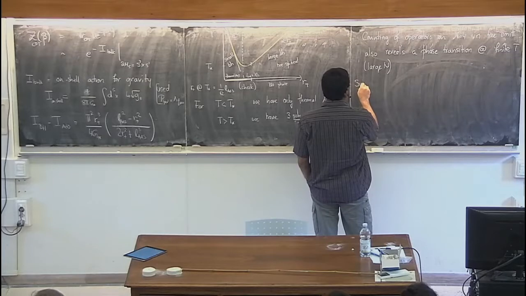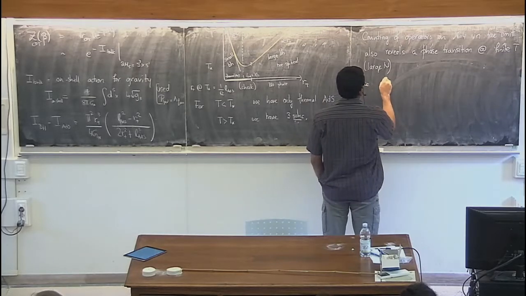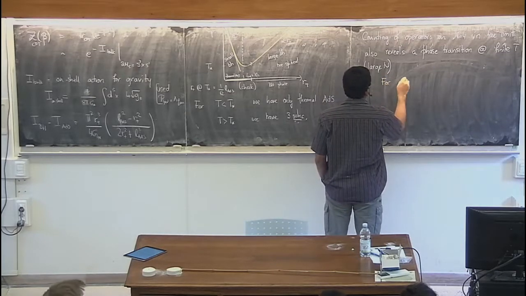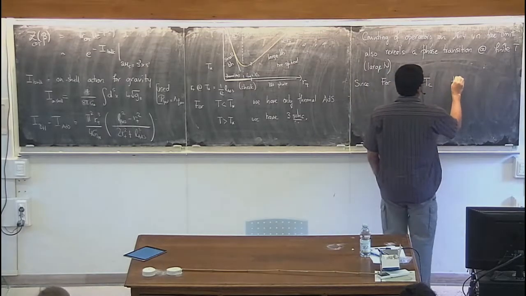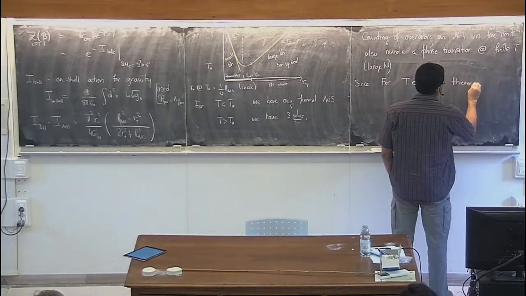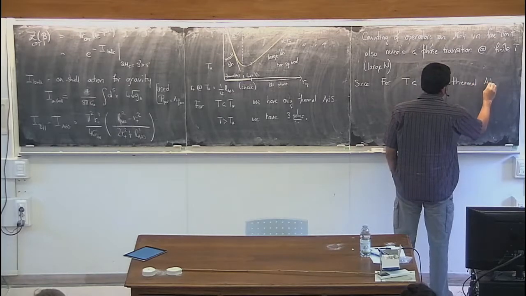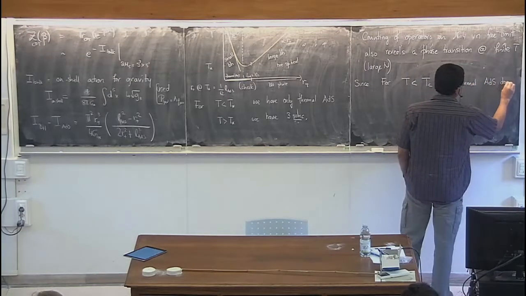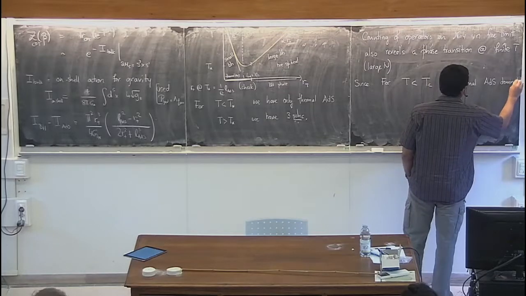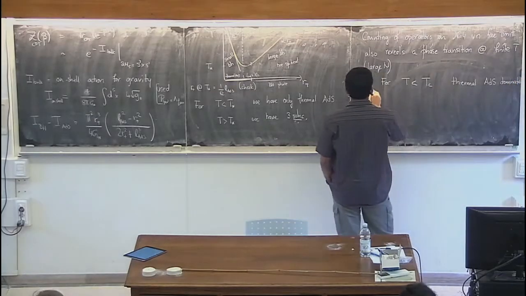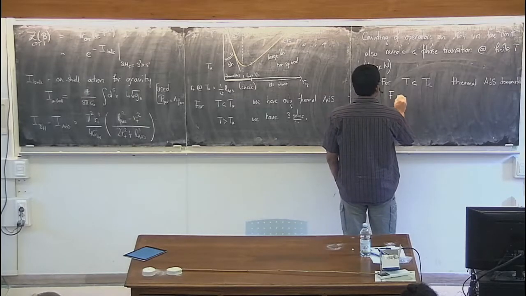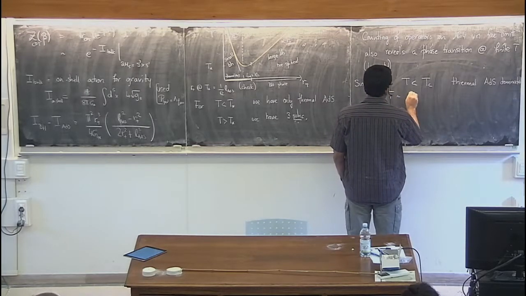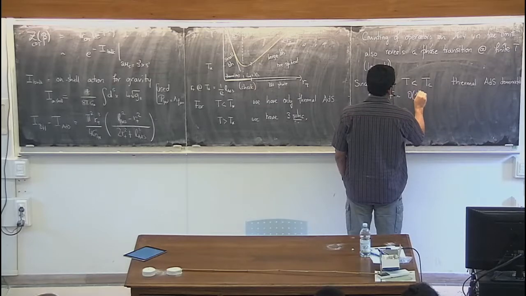Since for T less than T critical, thermal AdS dominates, the free energy is what I would call order 1.